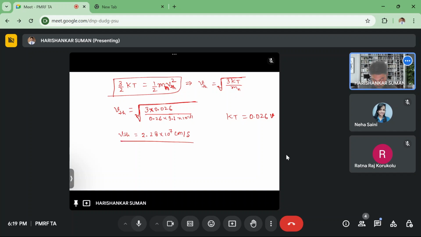After this, the relation between velocity and time: L equals v times tau. Tau is given in seconds. So put these values here in tau.